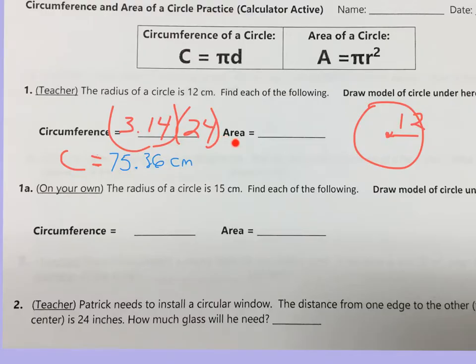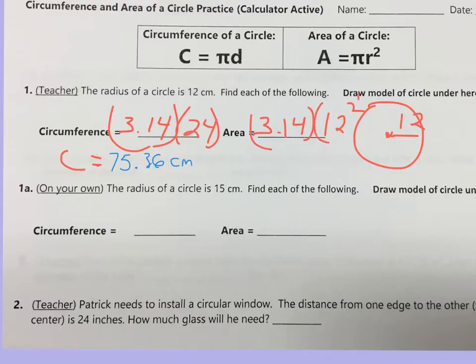Now let's find the area of the circle, the area that covers the inside of the circle. I'm going to use the formula. So again, we have pi, which is 3.14. So pi times the radius squared, and it gave us the radius, so that is 12 squared.